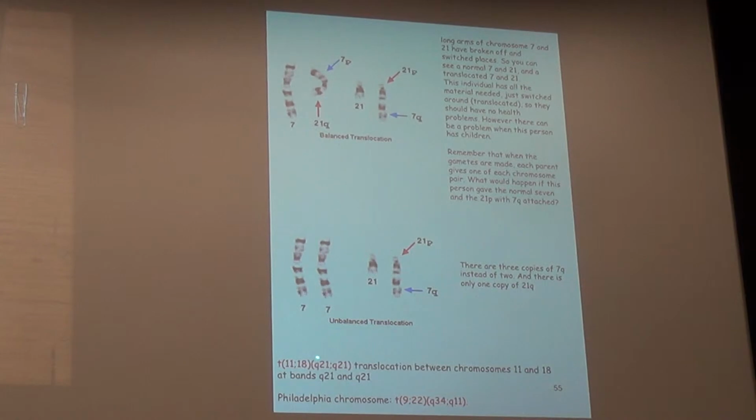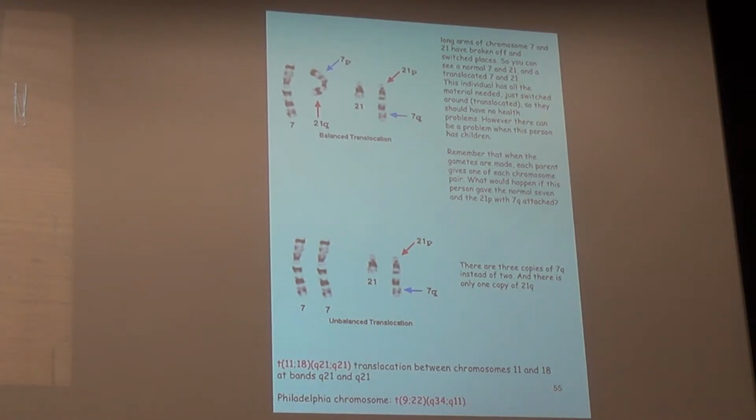For example, Q21 and Q21 have translocated. In this example, chromosomes 9 and 22 have translocated, and it's segment Q34 of chromosome 9 and Q11 of chromosome 22 that have translocated.